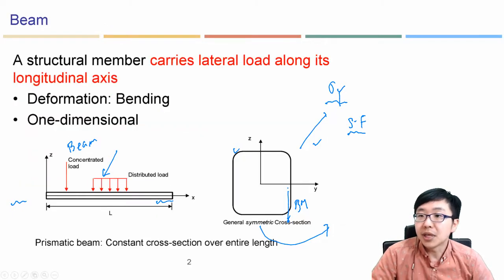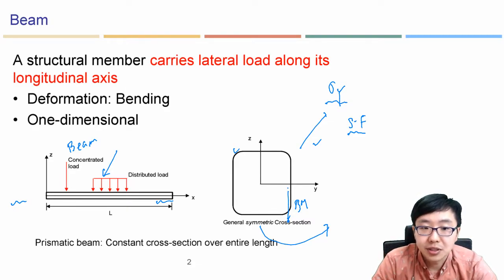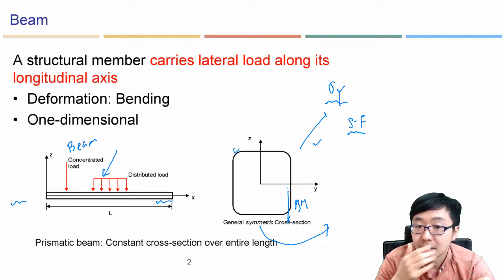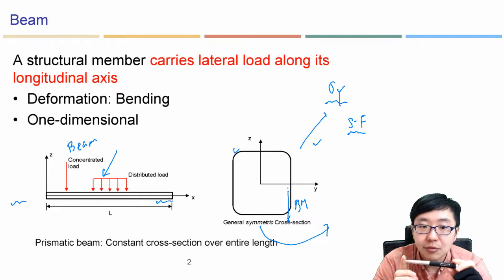So here, beam again. My definition in last semester was a slender structure. Slender is like this, and then subjected to the bending moment. That was the definition of beam. And we also have learned about the column, beam column, rod, something like that.